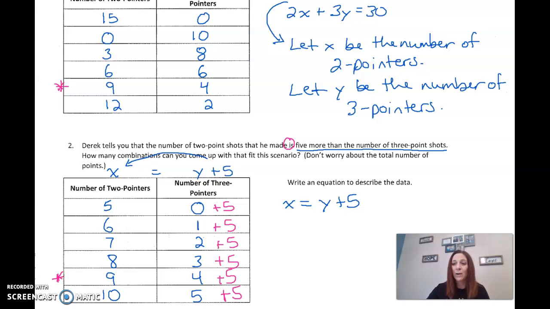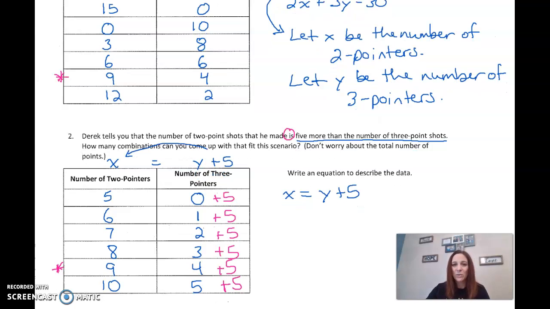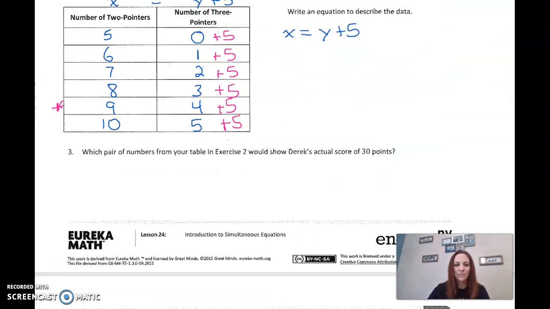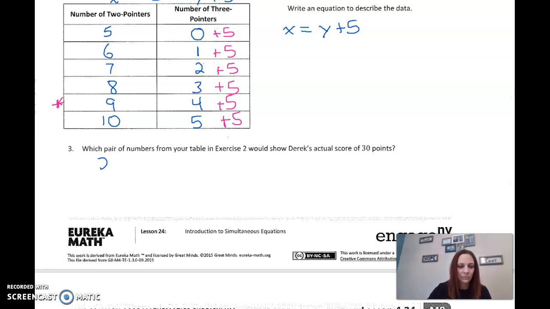Okay, so if I take this equation here, 2x plus 3y equals 30, and I plug in 9 and 4, 2 times 9 plus 3 times 4, does that equal 30?